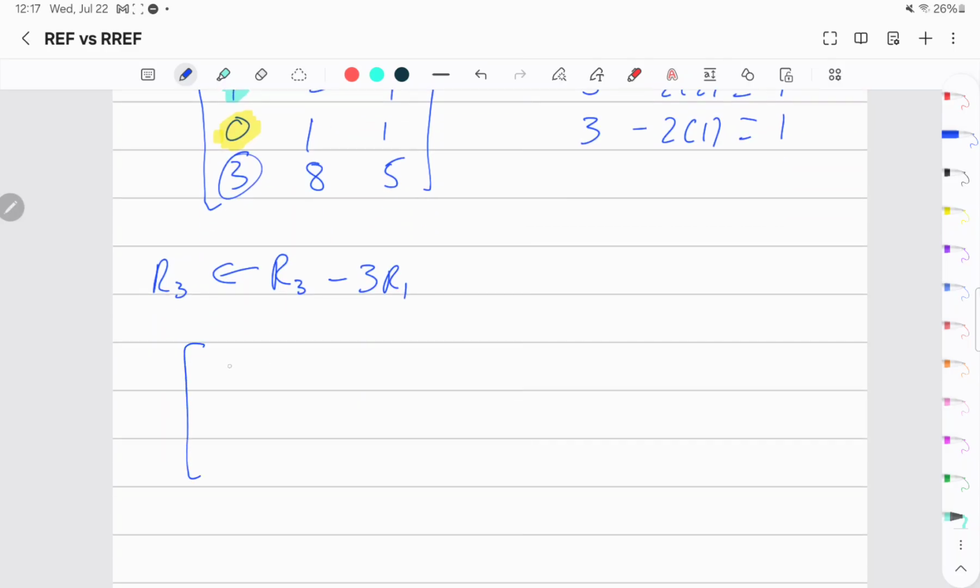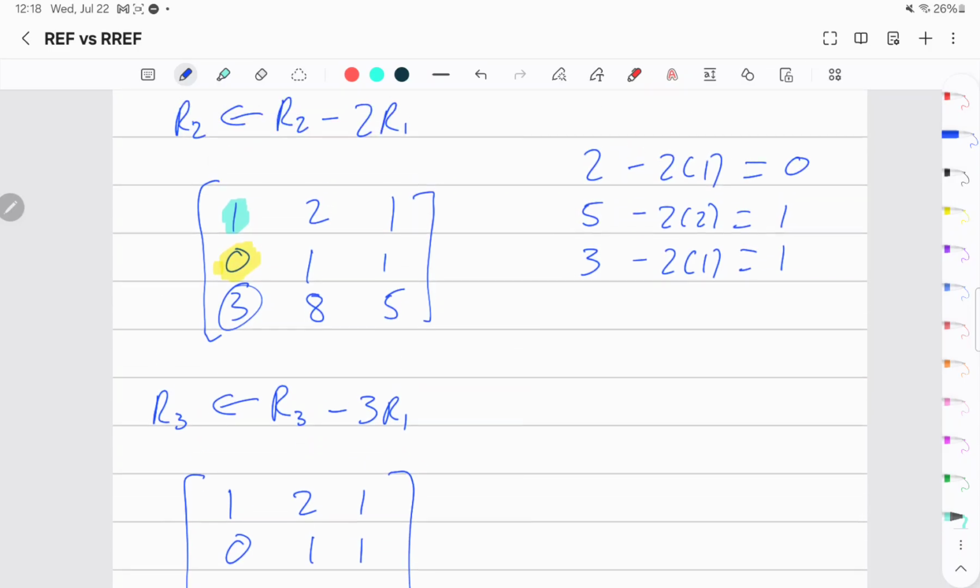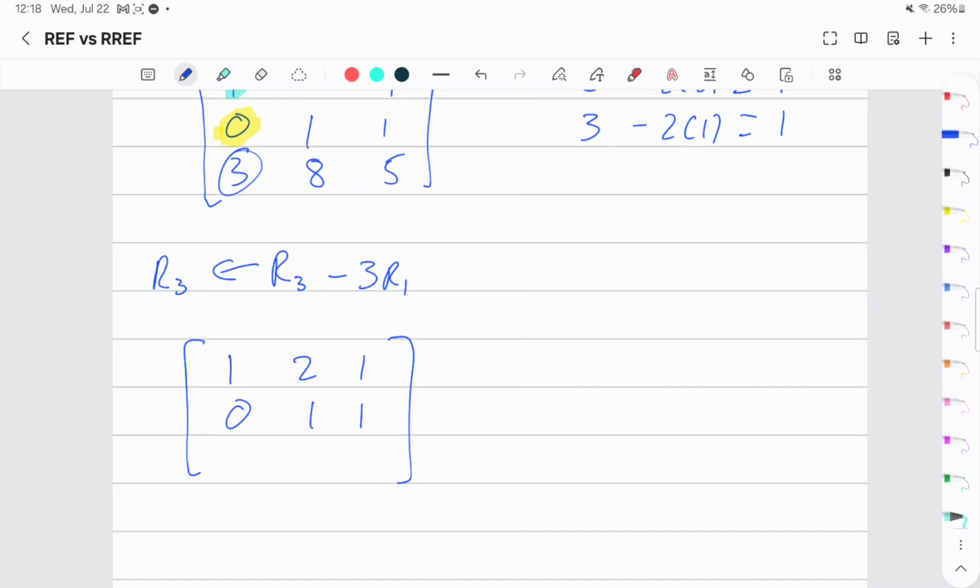When I'm doing this operation, the first and second rows stay the same: 1 2 1, 0 1 1. Now for the bottom part, I'm saying the row 3 element gets subtracted by thrice of row 1. Let's do the very first element. It's 3 minus 3 times 1, which is simply 0. So I put 0 here.